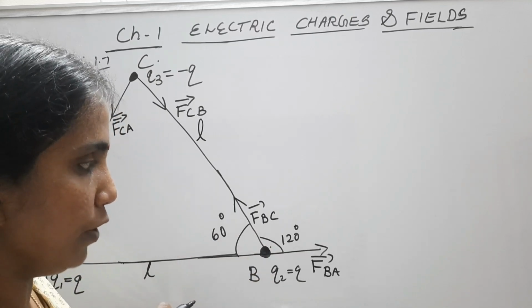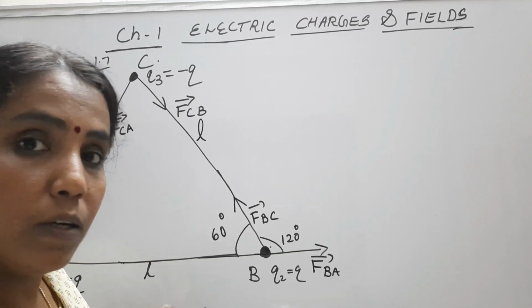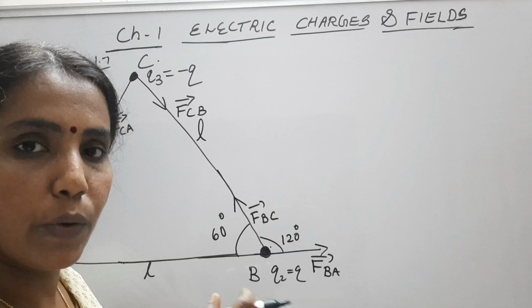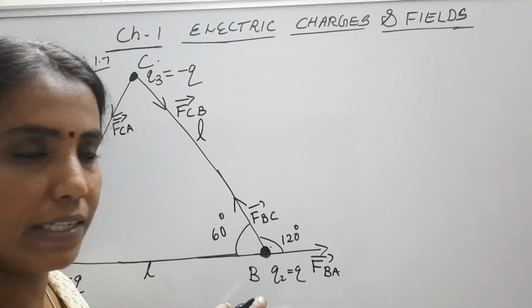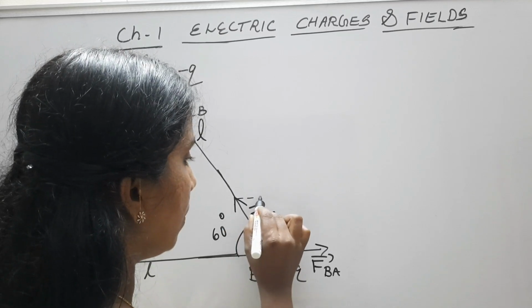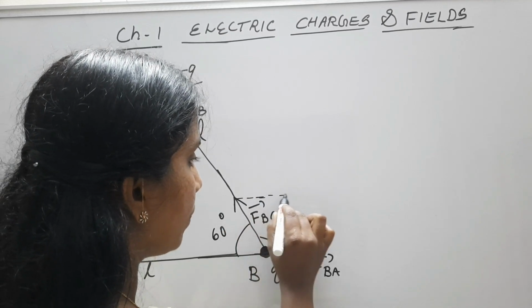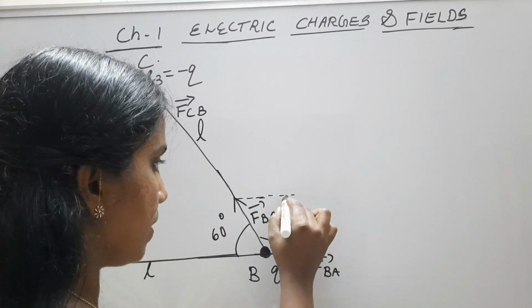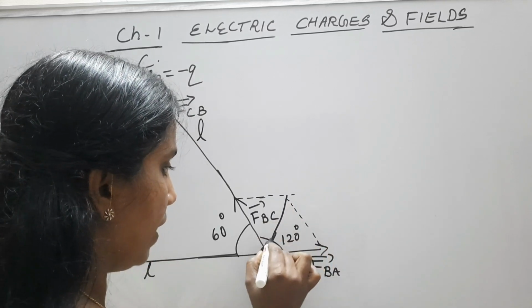Now here what we can do is apply the parallelogram law of vector addition. So by using the parallelogram law, you can find both magnitude and direction. So in order to apply the parallelogram law, we have to complete the parallelogram and draw the diagonal. So the parallelogram is completed and the diagonal is drawn.